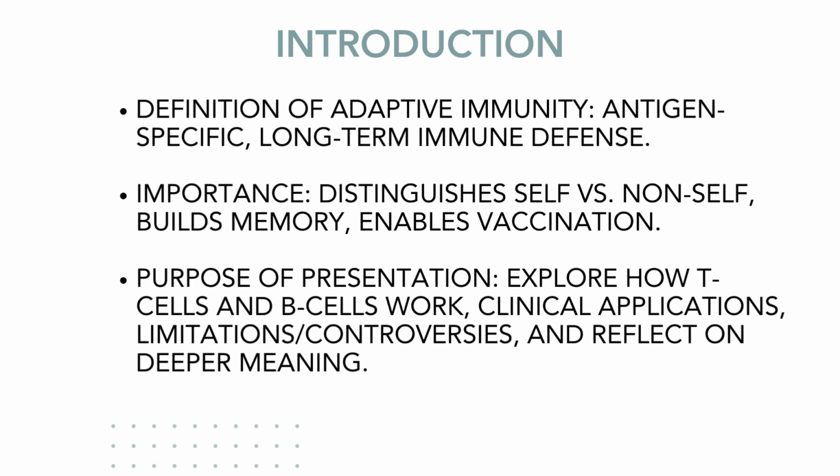What makes it especially powerful is that it has the ability to become stronger and more efficient with each exposure. Today, we will explore how this system works through T cells and B cells and why each is essential. Now that we set the foundation, let's break off into the two major pathways.